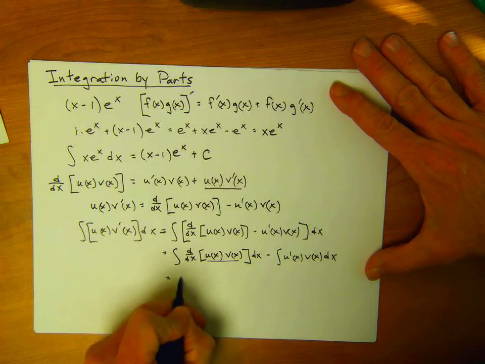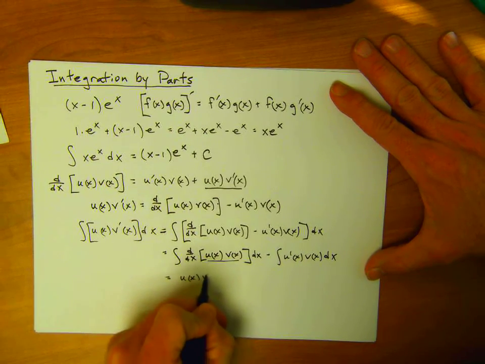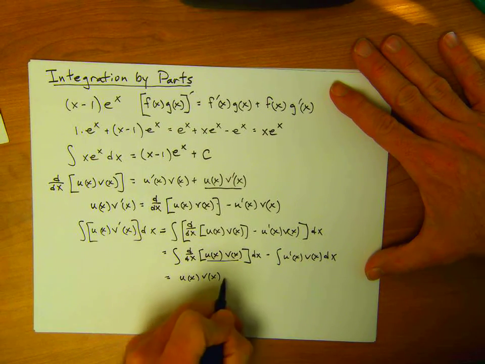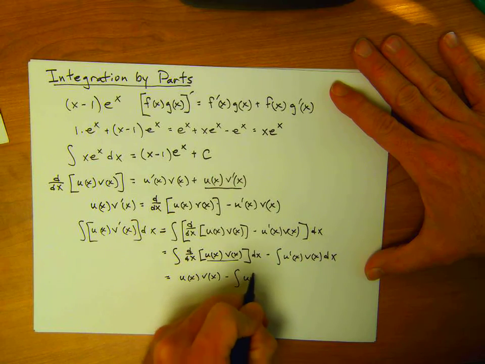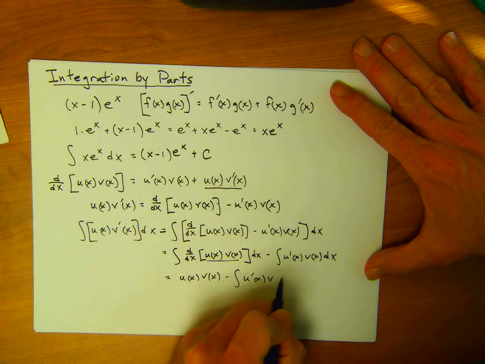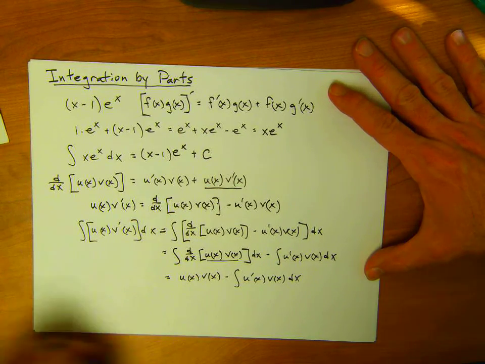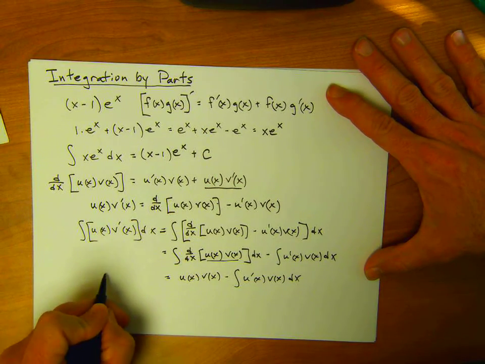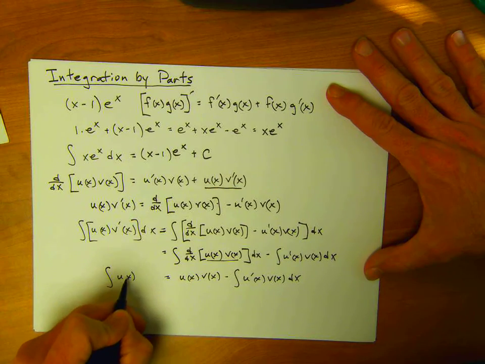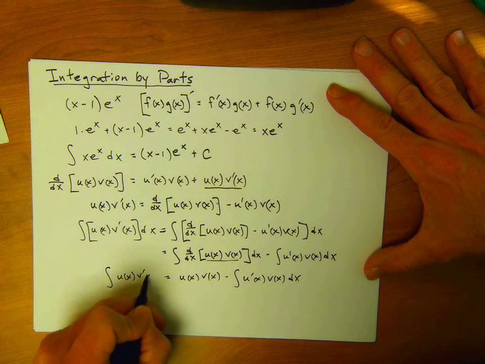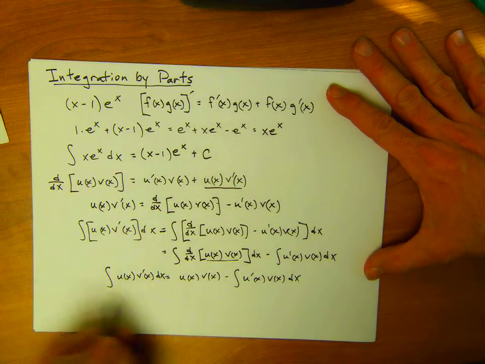So this just gives me u of x times v of x minus the antiderivative of u prime of x times v of x dx. So this is another way to find the antiderivative of something like this.